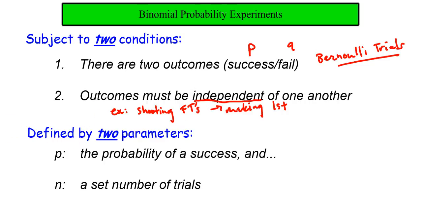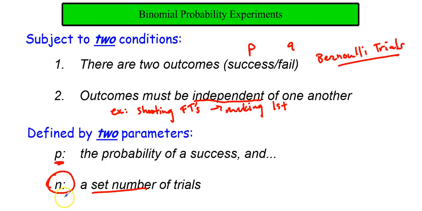The binomial distribution is defined by two parameters. The probability of success, that's P, and we already talked about that. And then this is the important one, a set number of trials. So within this probability experiment, you're going to say, I'm going to run a set number of trials. We're going to randomly select a set number of people and measure a particular characteristic about those people.